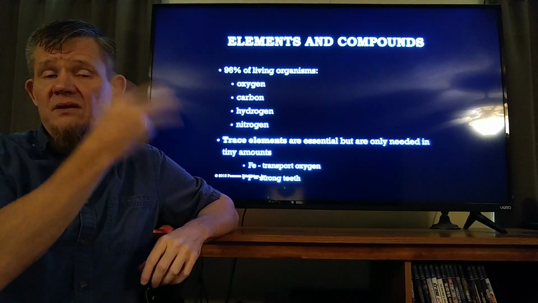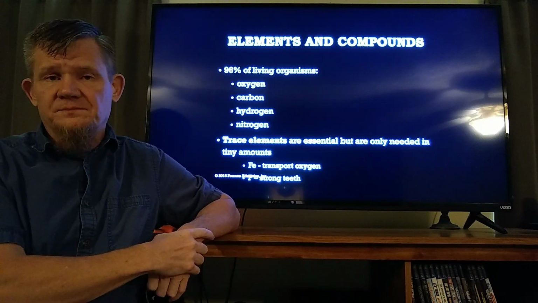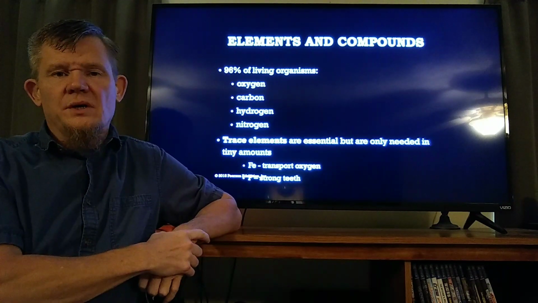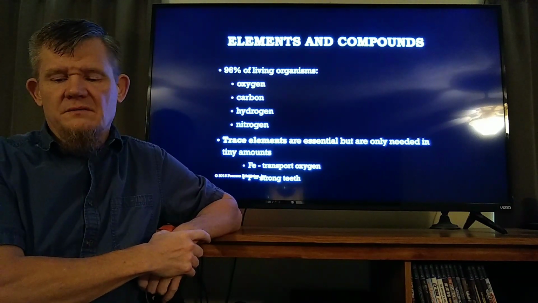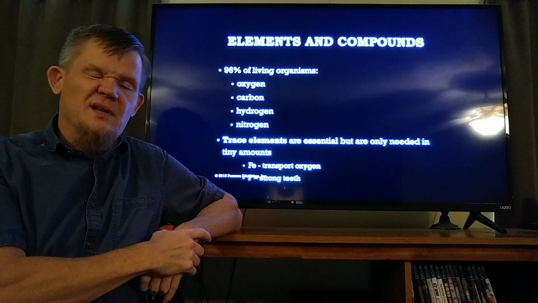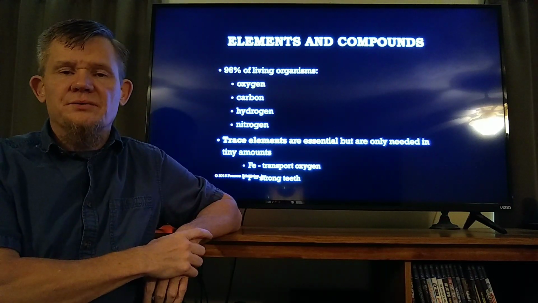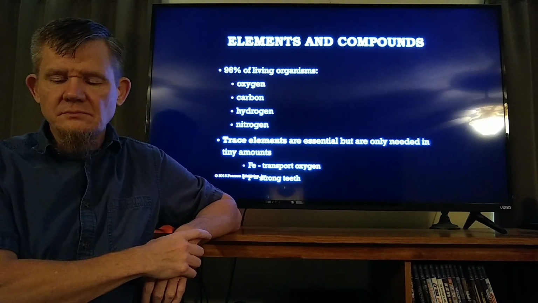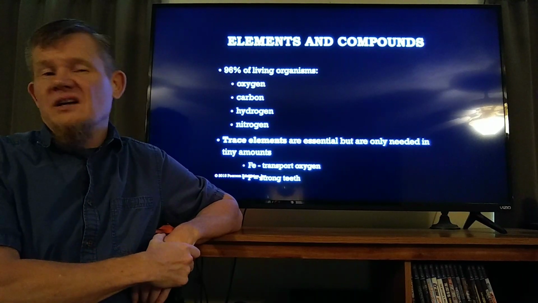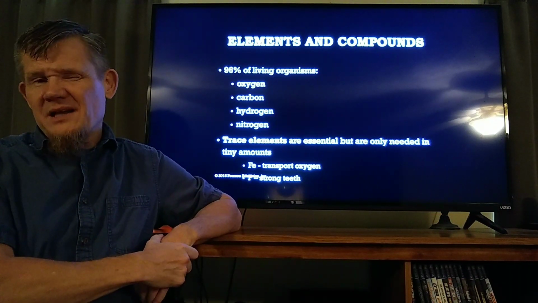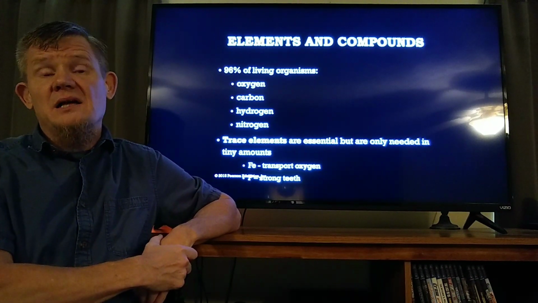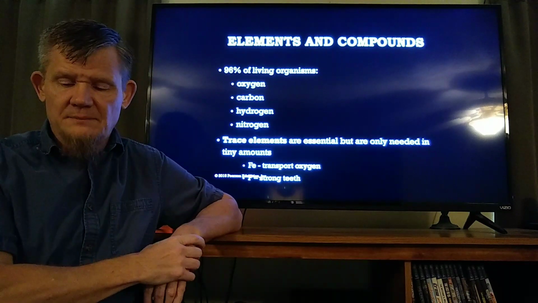H2O. So that's 75% of it, hydrogen and oxygen. The other 20-ish% is going to be made up of mostly carbon, and about 2 or 3% is going to be nitrogen. Trace elements are essential, which means we have to have them, but as the name trace implies, we don't need a lot of them. We need a little bit, but not a lot.